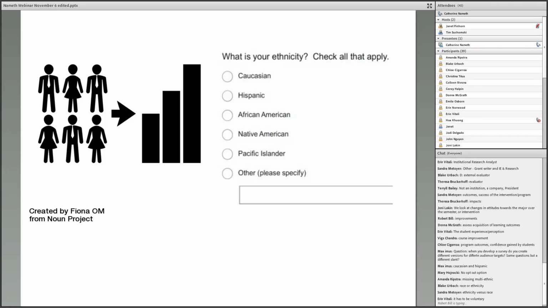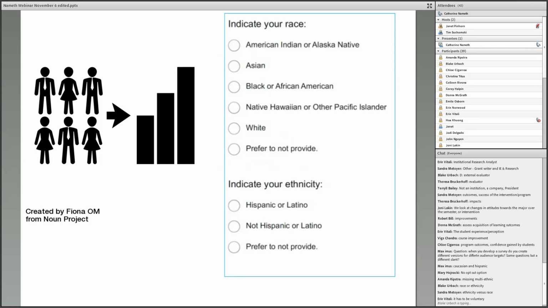So this question will not give you useful data, because if you, like I, are reporting to a federal funder, the better question would look like this. There are 5 categorizations for race according to our federal government, and 1 option for ethnicity. And then I've also added the opt-out option. Someone can prefer to not provide this information.